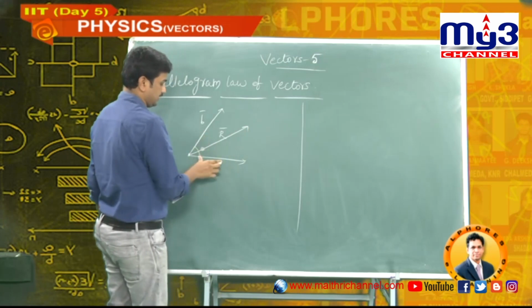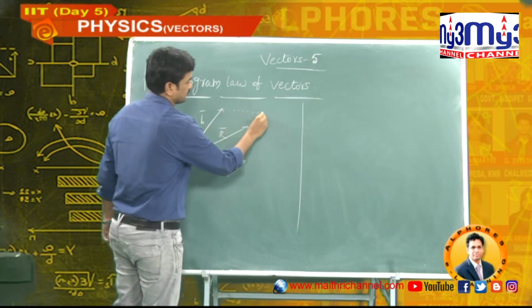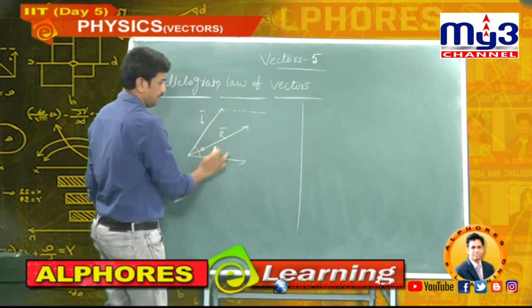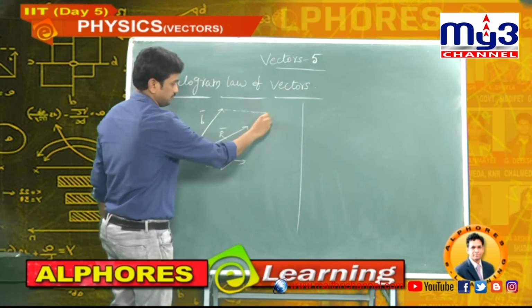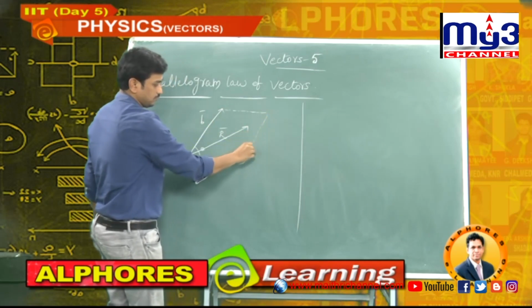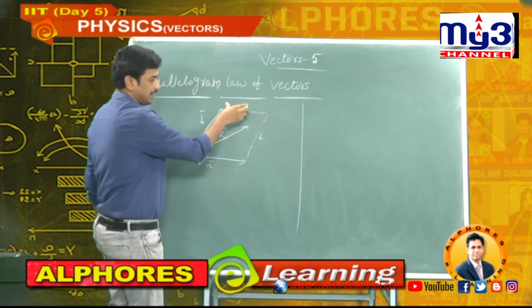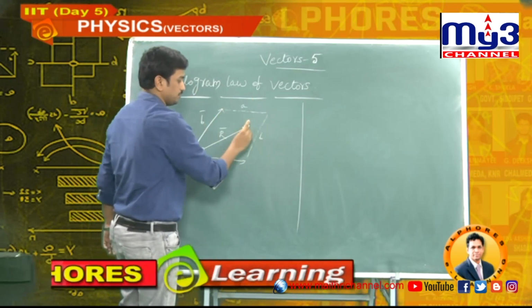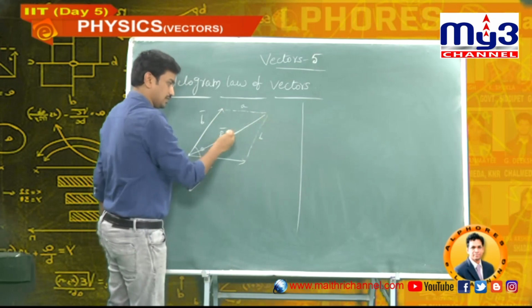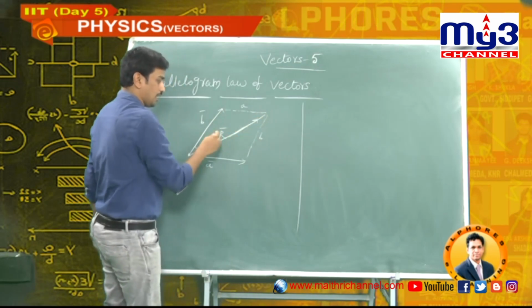So see here, same A, and this also B. A parallel to A, B parallel to B. Now this is the resultant R bar.